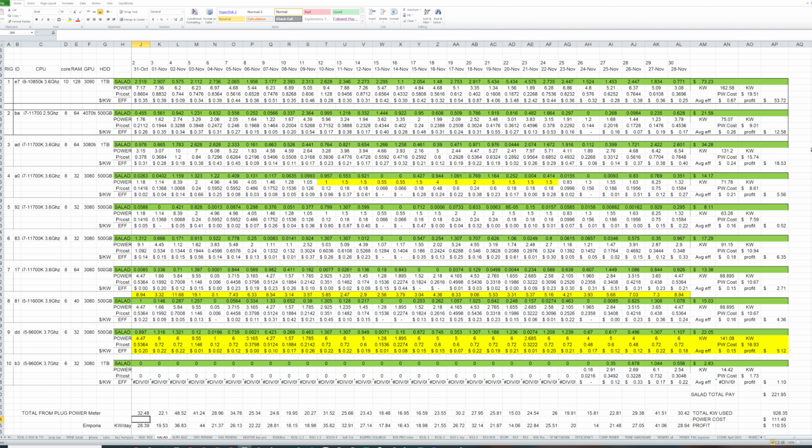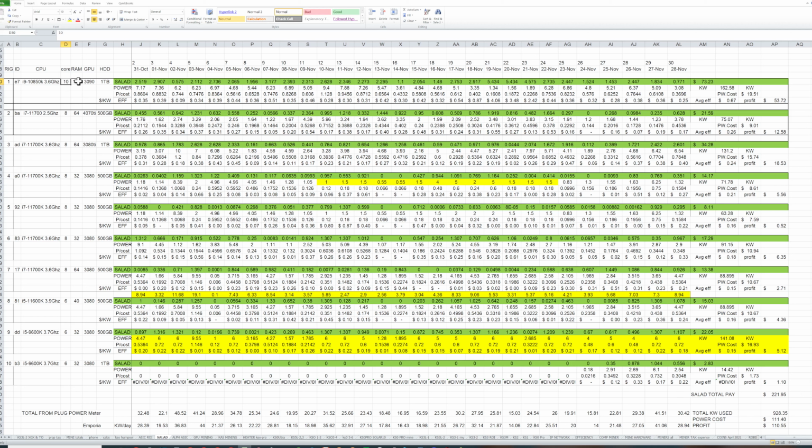But the idea here is to have all these 10 rigs listed with what type of CPU I used. The second column is just my miner ID, so I can find and locate them in Salad. Then the core quantity: I only have one i9, which is 10 core, then I have i7s, 1, 2, 3, 4, 5, 6 machines, that's 8 core, and I have the i5s that are 6 core processors.